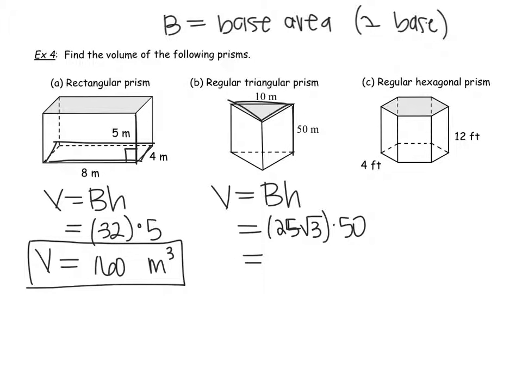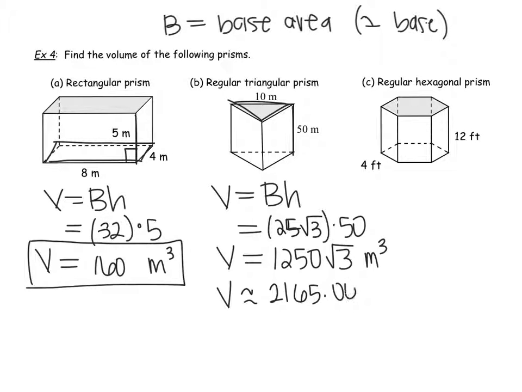So when we do 25 times 50, we end up with 1,250 square root 3, and then our units are going to be meters cubed. But again, we want to have an approximation, a decimal for this. So we get approximately 2,165.06 meters cubed for our volume.